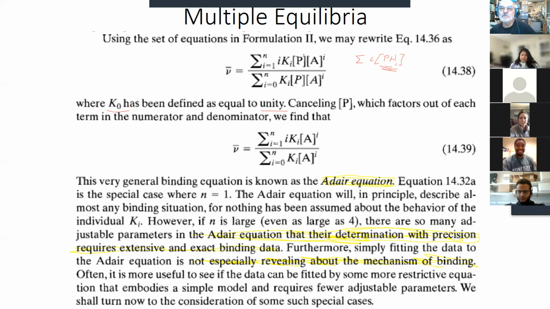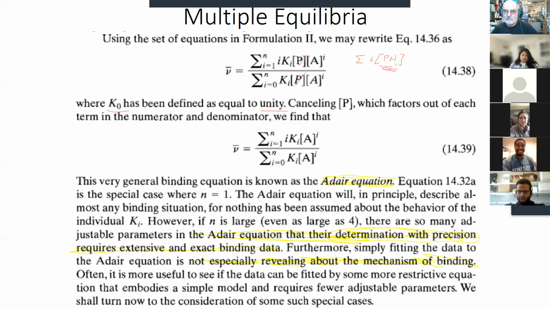Now, every single term will have a P, so all of the P's will cancel, just like they did below. And so we'll end up with this general expression, that historically is known as the Adair equation, that nu, the fraction bound ligand divided by protein, is the sum of i K_i A raised to the ith power divided by the sum from i equals 0 to n of K_i A raised to the ith power.